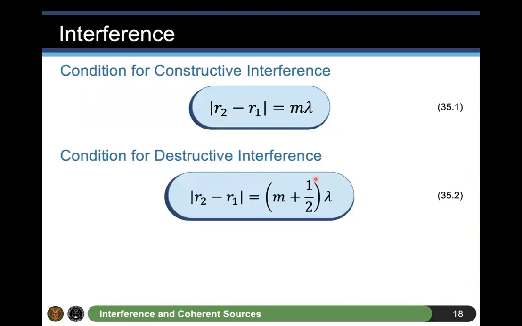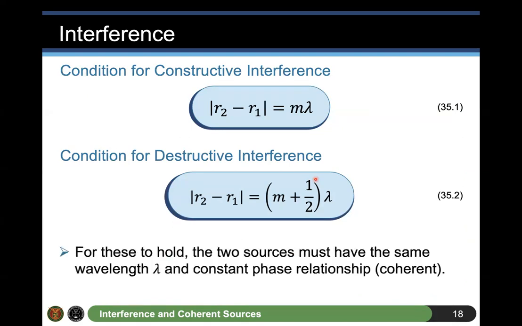So, these are the summary for your conditions for constructive and destructive interference for coherent sources. So, again, for this to hold, the two sources must have the same wavelength lambda and constant phase relationship, meaning coherent. So, true lang to for coherent sources.